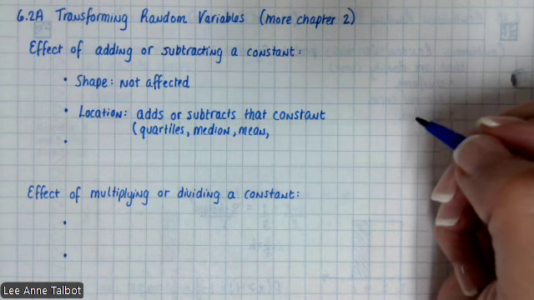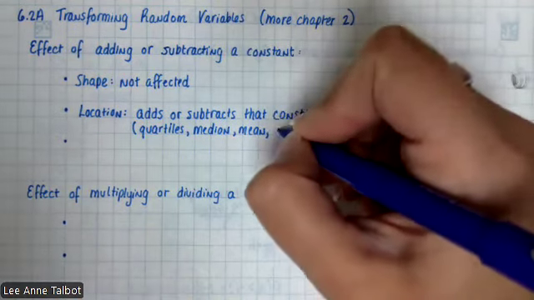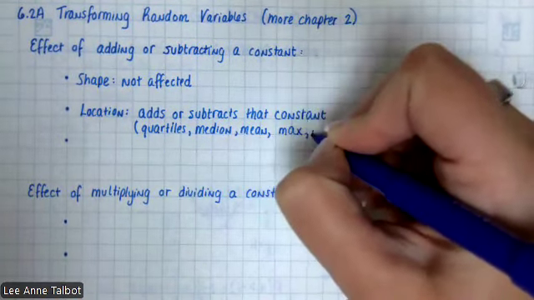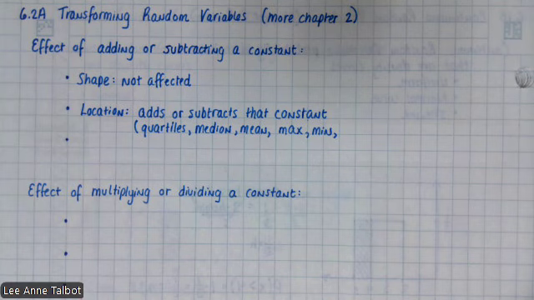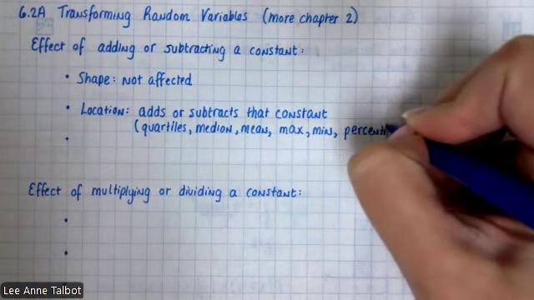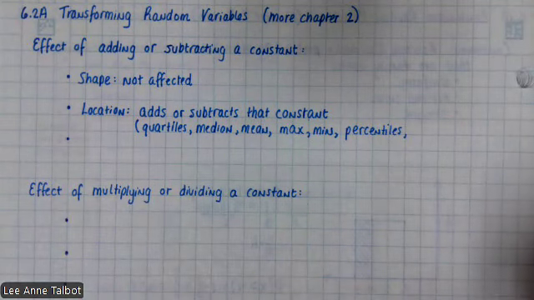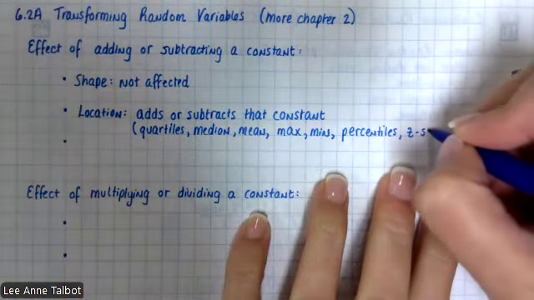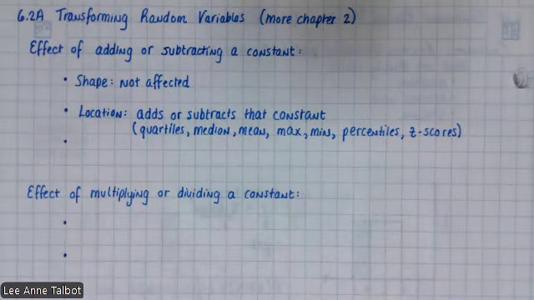I'm looking for 2 others that kind of go together that both start with M. Max and min. Great. Good job. One that starts with P. Percentiles. Look at that vocab still in there. Okay, and I'm looking for one more that starts with Z. Very easy. Z-scores. These are all measures of location. And we do add or subtract that constant from that measure of location.